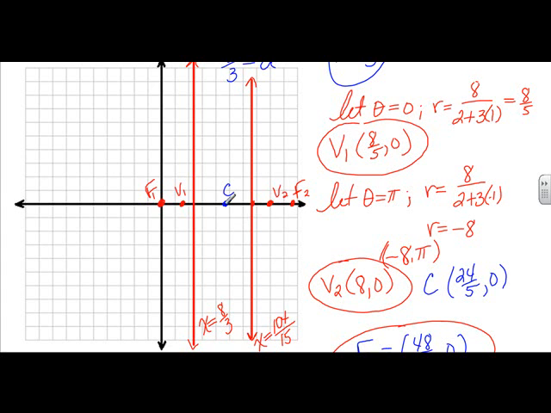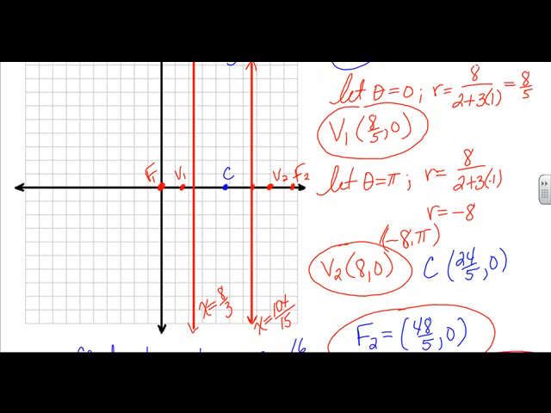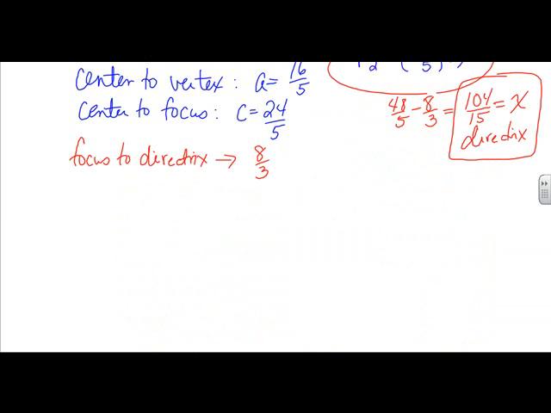So we're looking at 24/5 squared minus 16/5 squared. We get 64/5. Taking the square root gives 8 over the square root of 5, which is approximately 3.6 units.